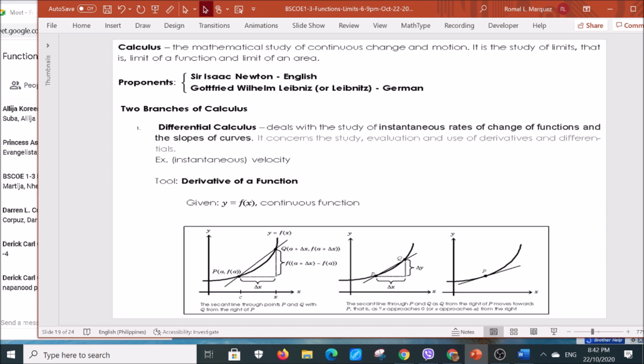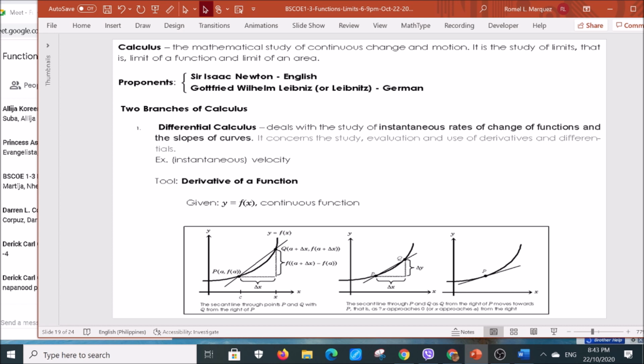Of course, they are not the only people behind calculus, but these were the people who began it. Without them, calculus couldn't have started. Sir Isaac Newton was English. Gottfried Wilhelm Leibniz was German.